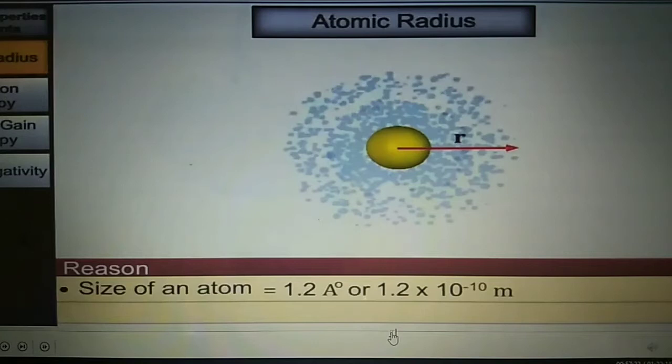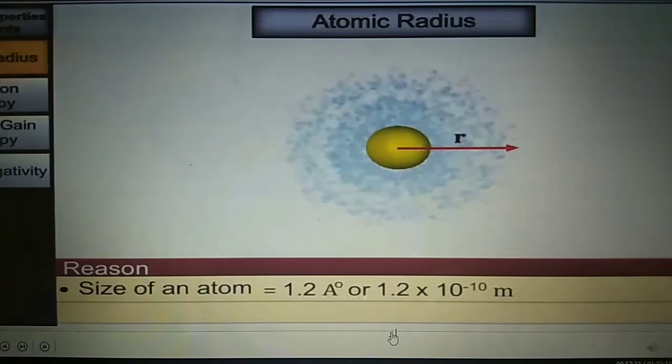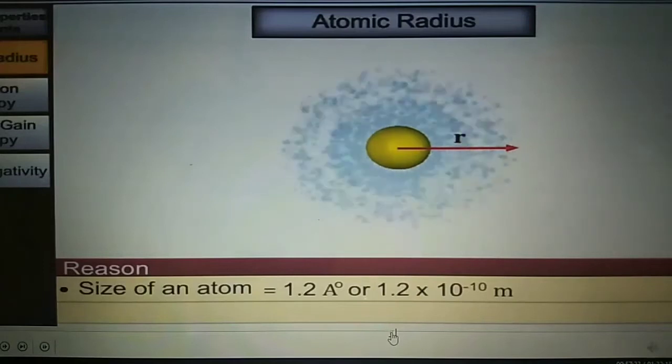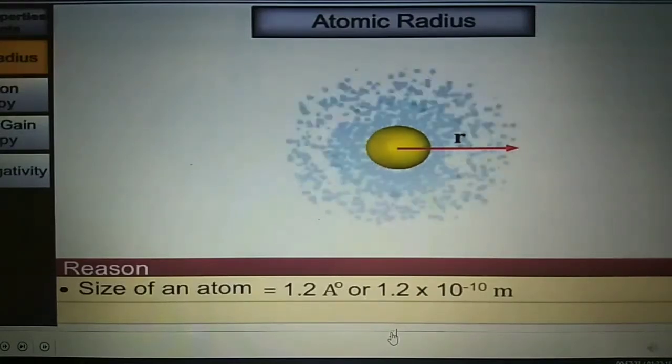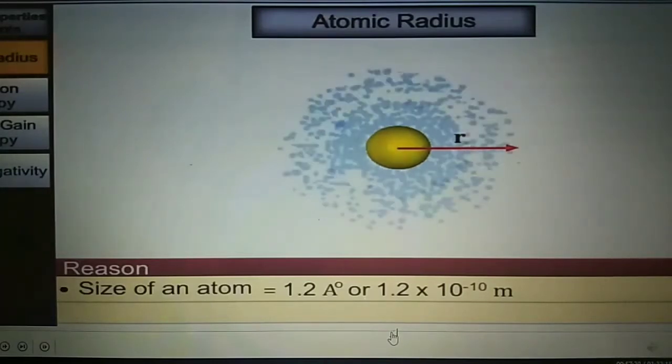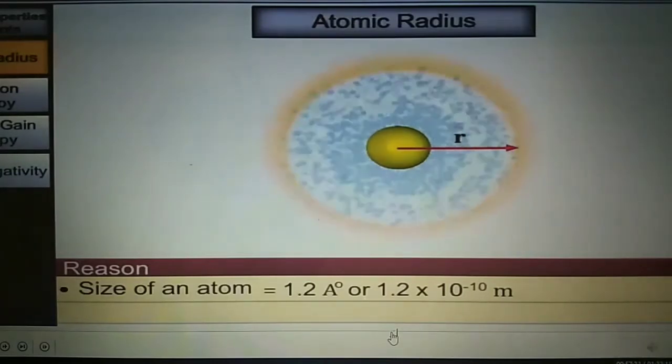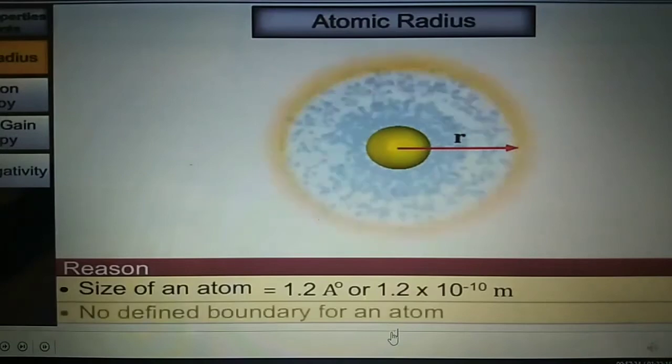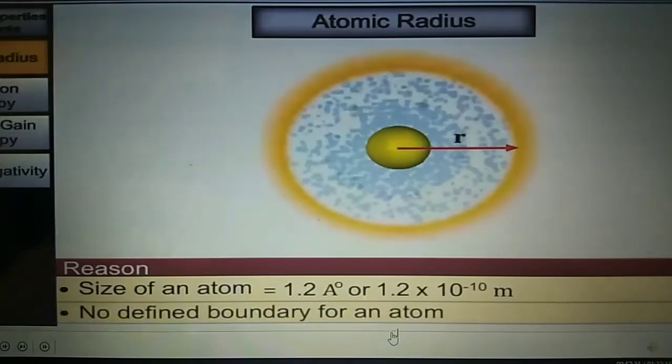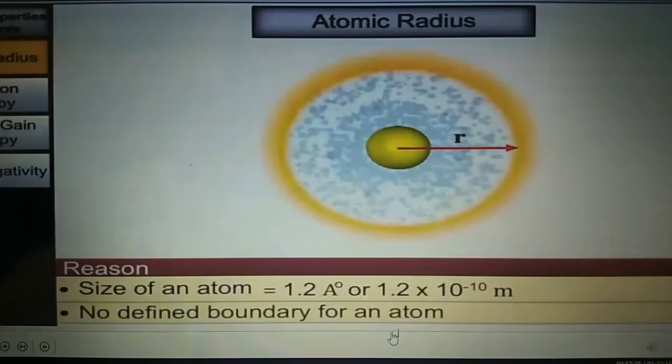So the problem is that we do not have well-defined boundaries for an electron. Therefore the measurement of the size of an atom is not very easy to understand, right? So precision cannot be accurate for that.